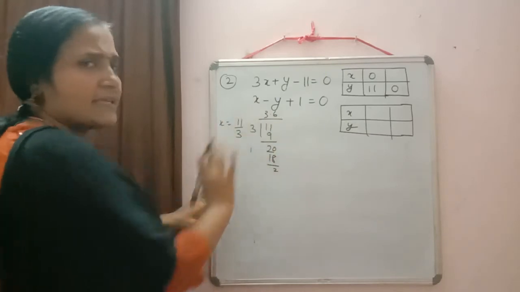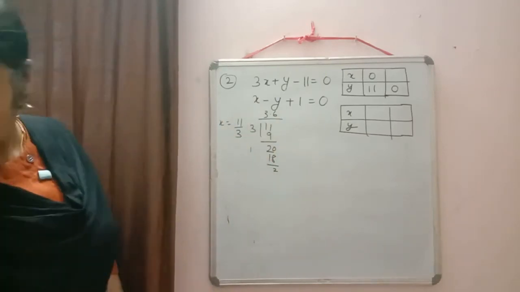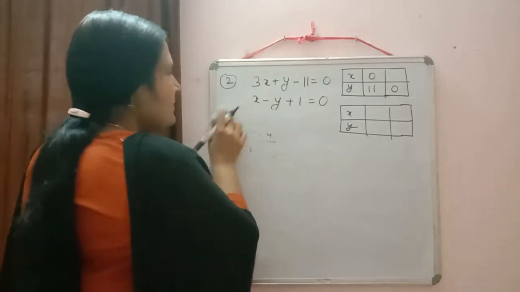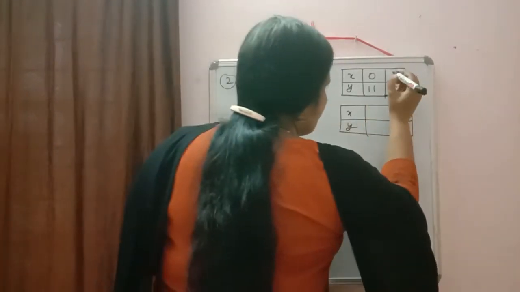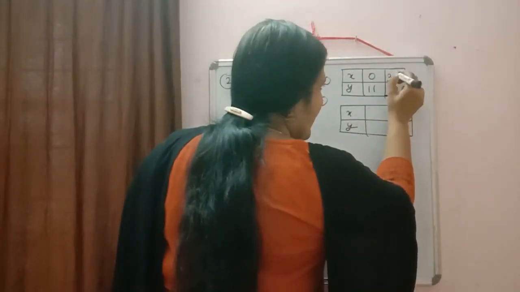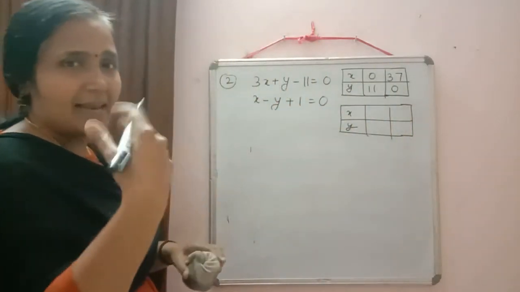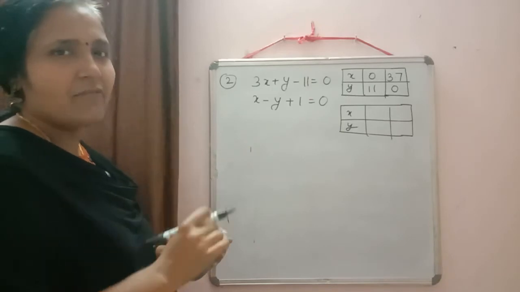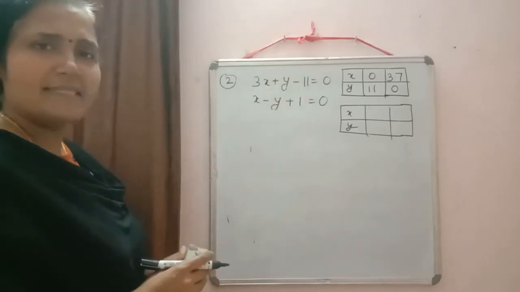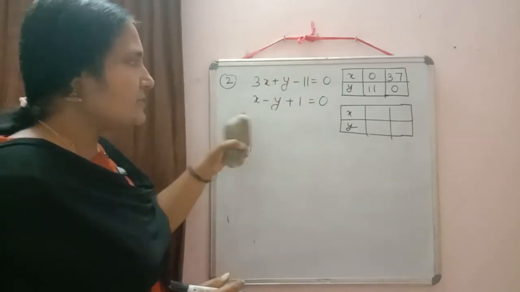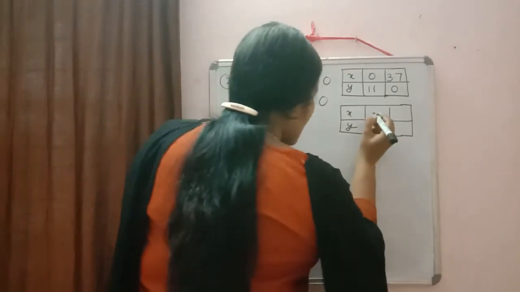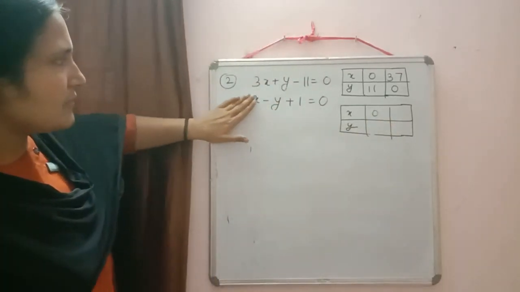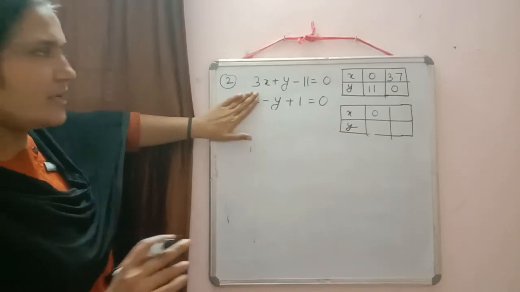We can take 3.6 or 3.7, it depends on you. I am taking 3.7, because when the digit we are removing is greater than 5, we add 1 to the previous digit. So 3.7 we have taken. Now similarly for the next one, put x is equal to 0. Then this expression will become 0.